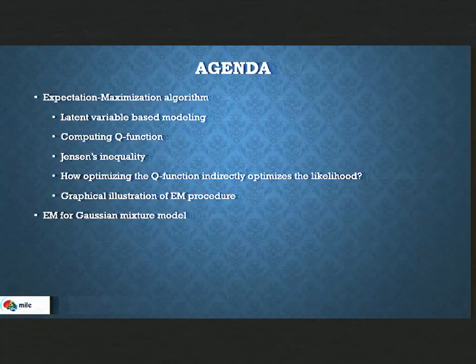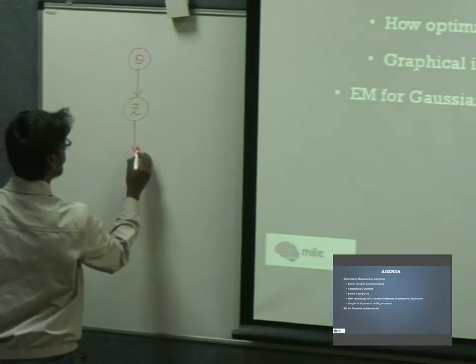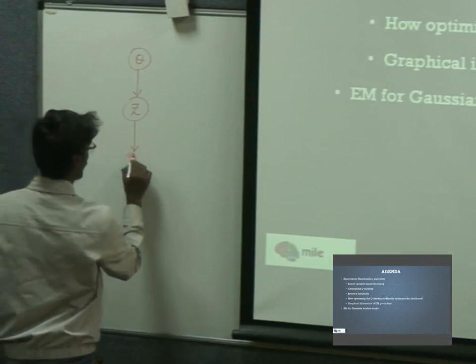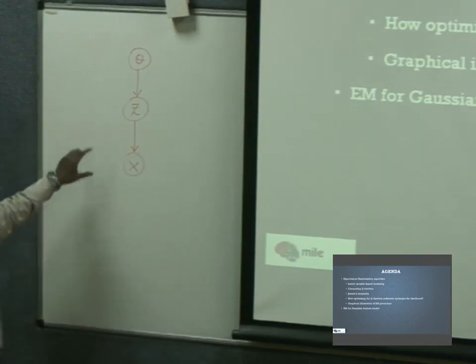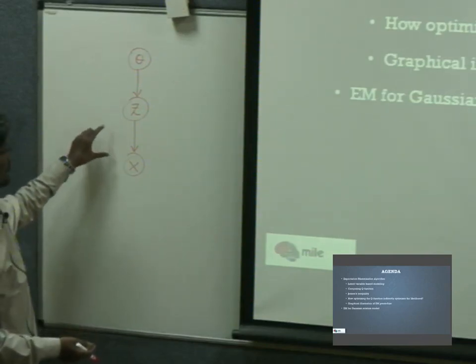That is why we go for the expectation maximization algorithm, where you have a model and it generates the hidden variable, and in turn generates the data vector. Okay. So, this is called a latent variable model or hidden variable model and so on.